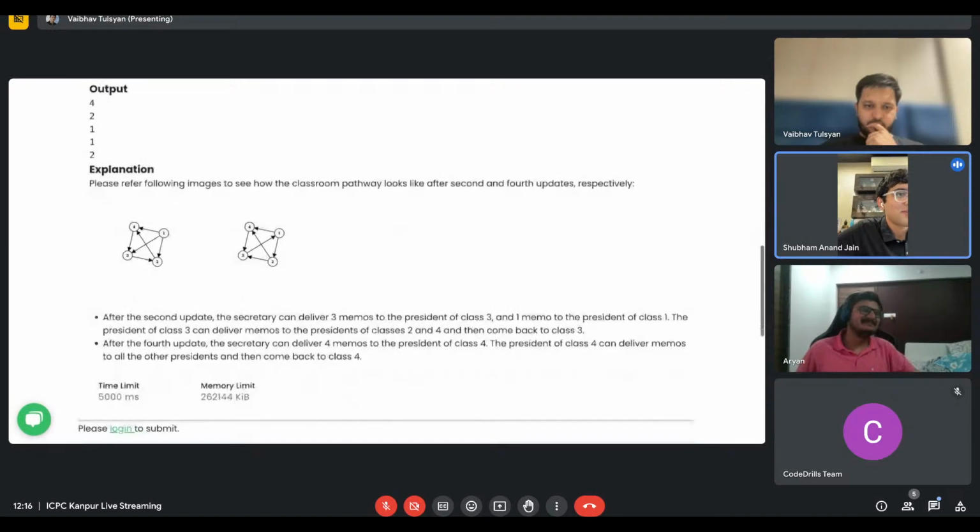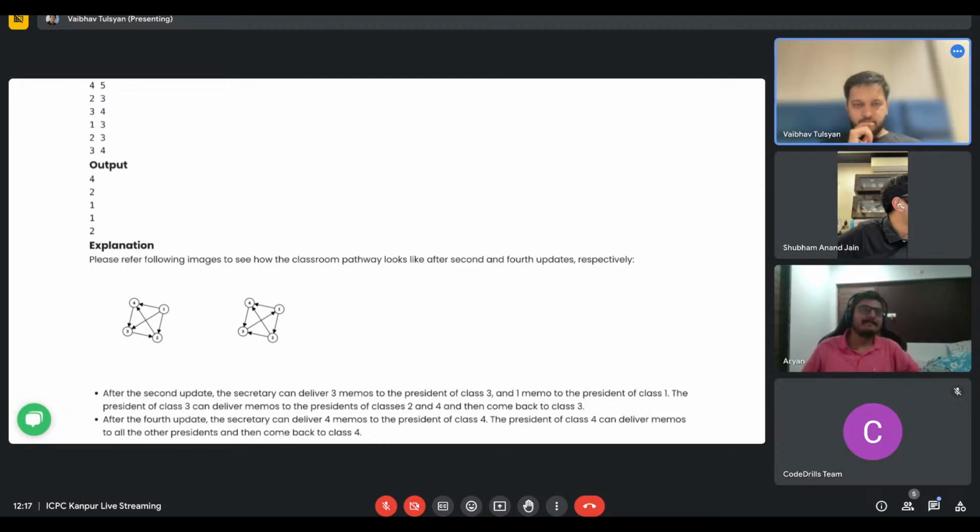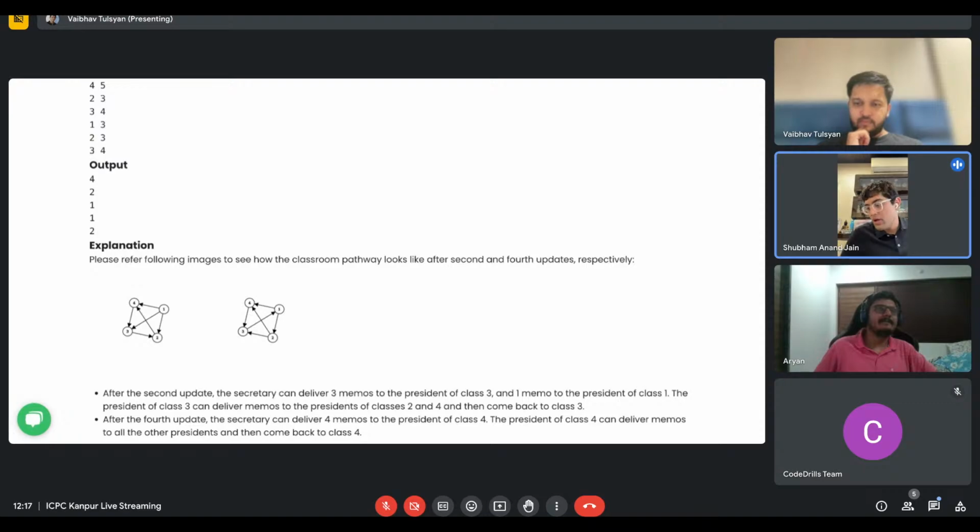So let's see. After the second update, how does the tournament graph look? Right. Let's see what's happening. So you have a bunch of sets, and you flip something. You're attaching yourself to this set, but this set has many more nodes than before.